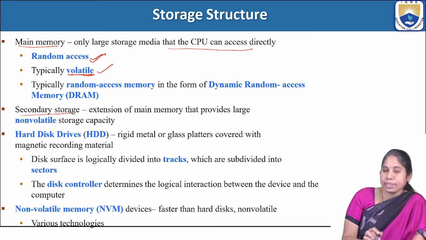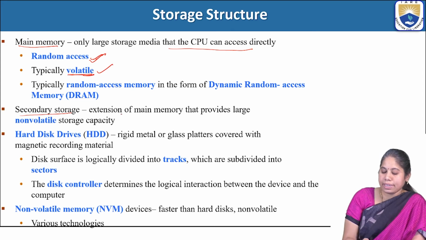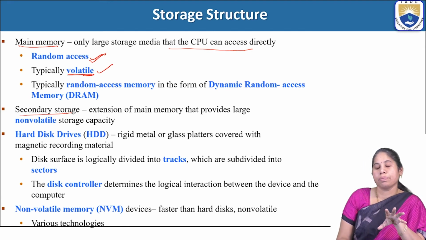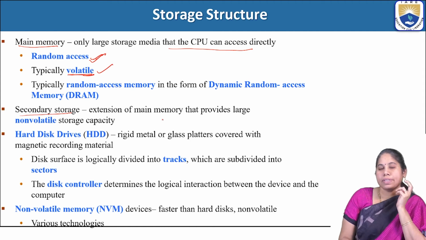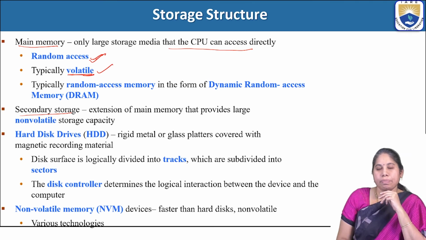Next is the secondary storage. Hard disks act as an extension of the main memory, when you want more memory. Hard disks are non-volatile: if you store information on your hard disk, even after you power off, your information is sustained in your system. It is never lost.